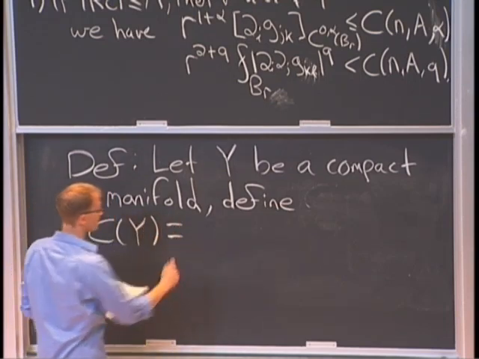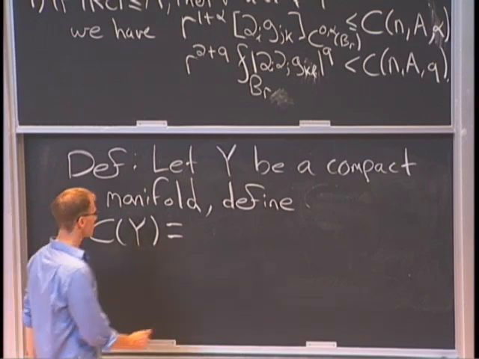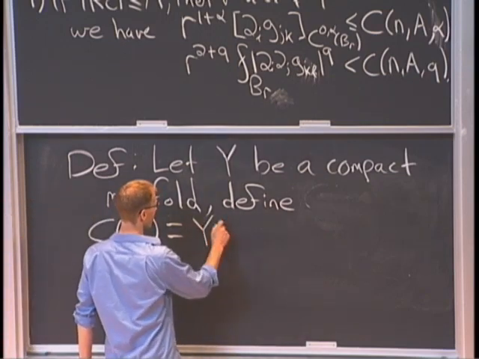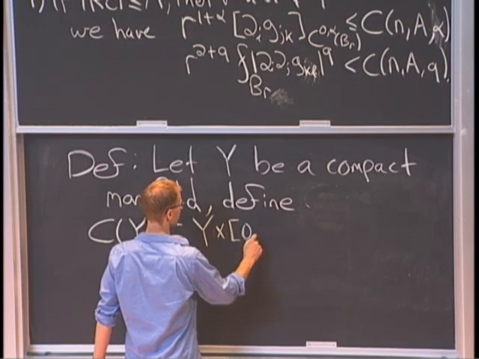First, we mean the topological cone. That means we look at Y cross [0, infinity).